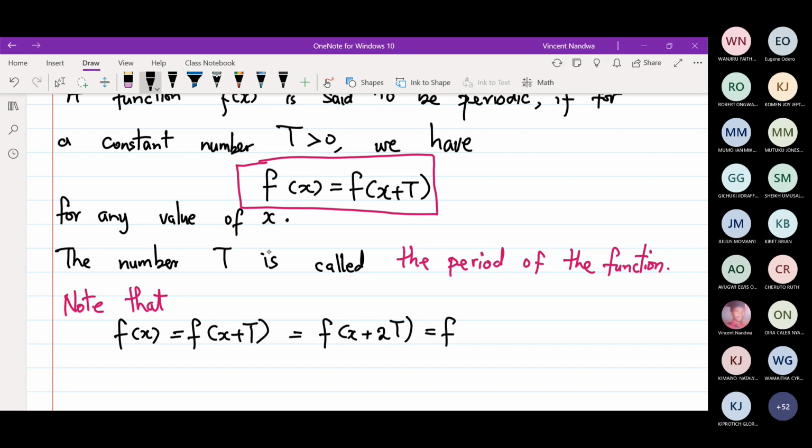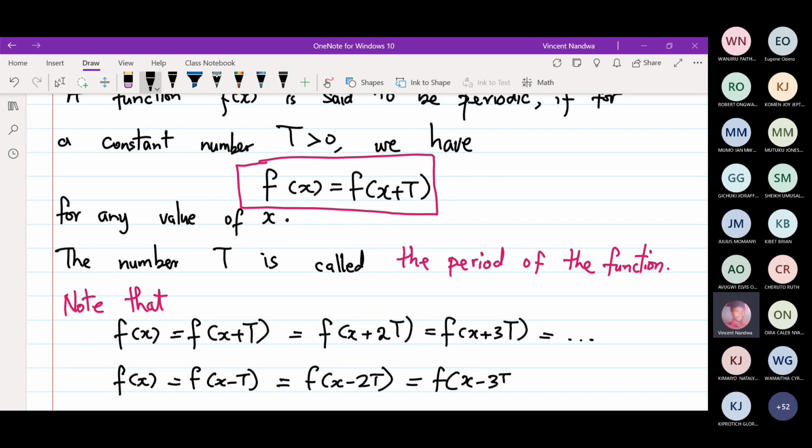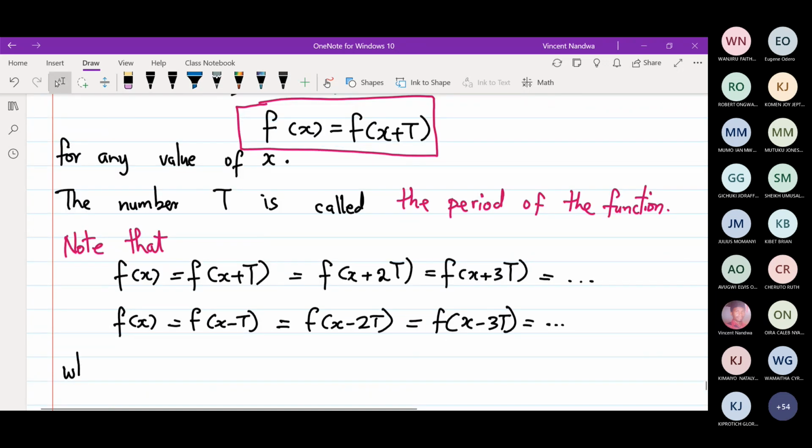This is the same as f of x plus 3T, etc. Similarly, f of x equals f of x minus T, which is the same as f of x minus 2T, which is the same as f of x minus 3T, etc. So we show that the shifts can be plus or minus T, plus or minus 2T, plus or minus 3T, etc.